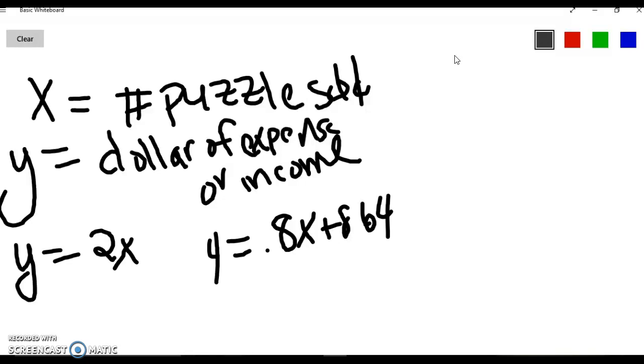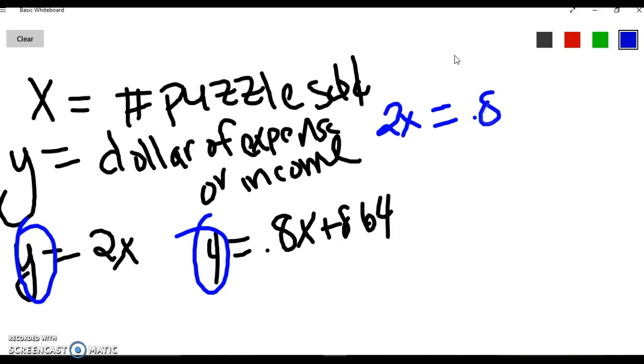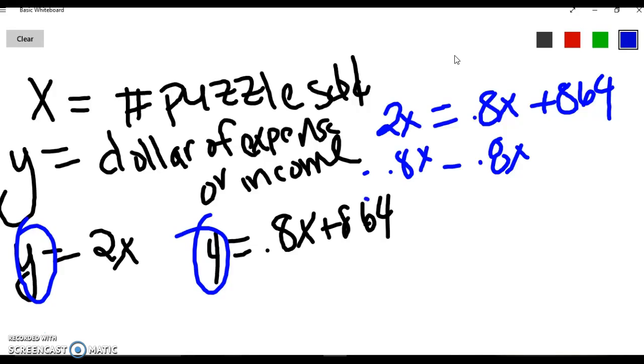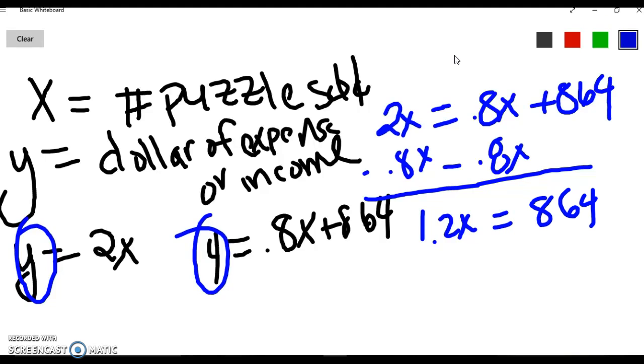Okay, so just like they did before, we can set them equal to each other, because both of them are equal to Y. So I have 2X equals 0.8X plus 864. I'm going to subtract 0.8X from both sides, and I get 1.2X equals 864. Then I divide both sides by 1.2.